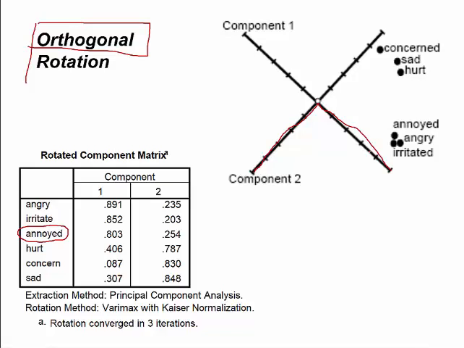Or if I want to use loose language, factor 1 has a correlation of 0 with factor 2. And so these two components, or the two factors, are orthogonal. They have a zero correlation. And I represent that by keeping the x and y axes at right angles. When I keep them at right angles, that means that I'm keeping it at a zero correlation.